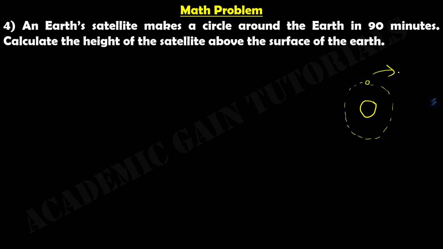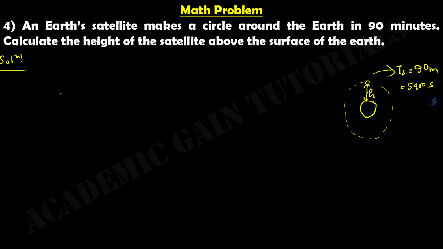So the given time period of the satellite is 90 minutes, or we can say 5400 seconds. I have to calculate the height of the satellite above the surface of the Earth. So let the height be h.